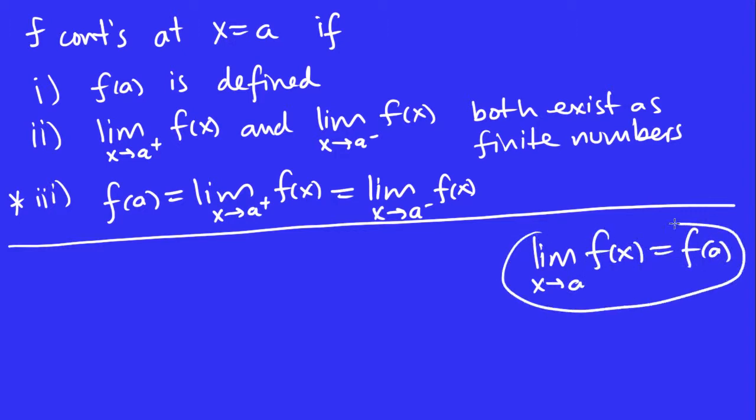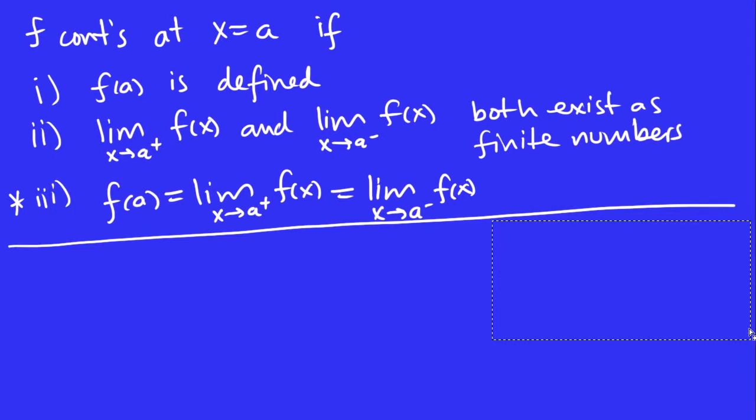This is a very nice, quick way of saying all of this. But it's not that useful for actually solving problems. And that's the whole reason why I give this alternate definition right here, to make our life easier when we come to solve a problem.